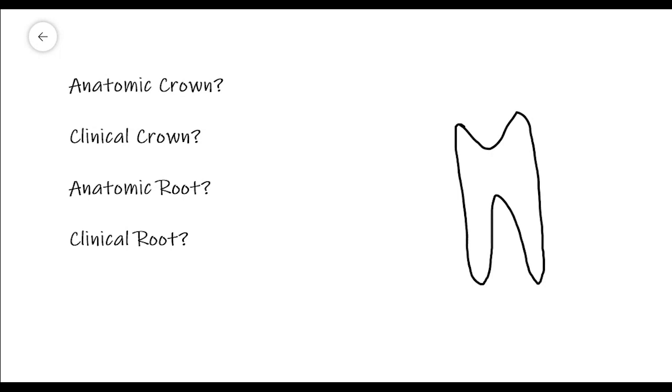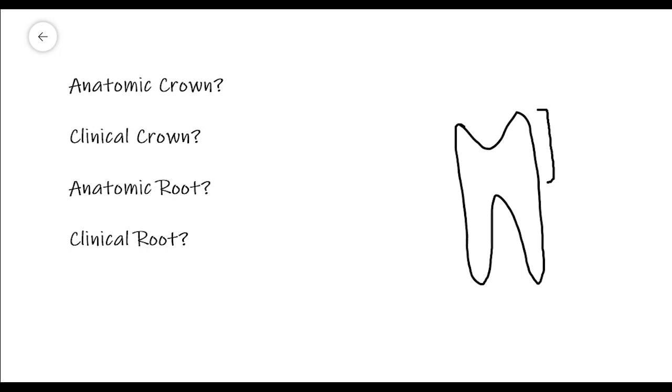First I'll tell you what is an anatomic crown. Anatomic crown is basically the entire length of a crown, starting from the tip of the crown all the way up till the cemento enamel junction. Now cemento enamel junction is basically a point where the outermost layer of enamel joins the cementum.